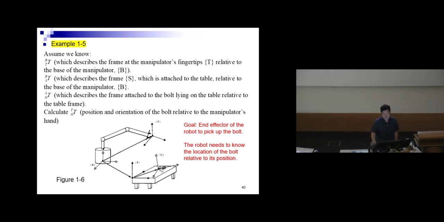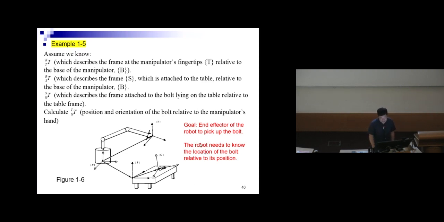And then you have a tool on the table. The frame of the tool is called G. You attach a frame G onto this board. And then for the table itself, you take one corner of the table as the reference frame of the bench of the table, and this is labeled S. A typical goal for industrial robotics is you want the end effector of the robot to pick up the tool.